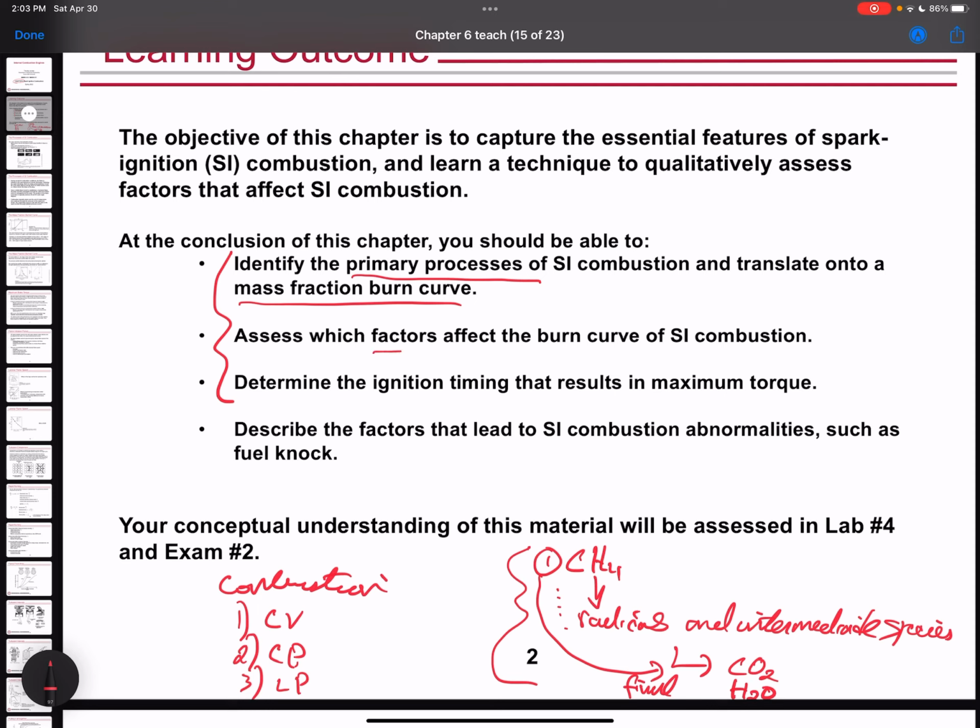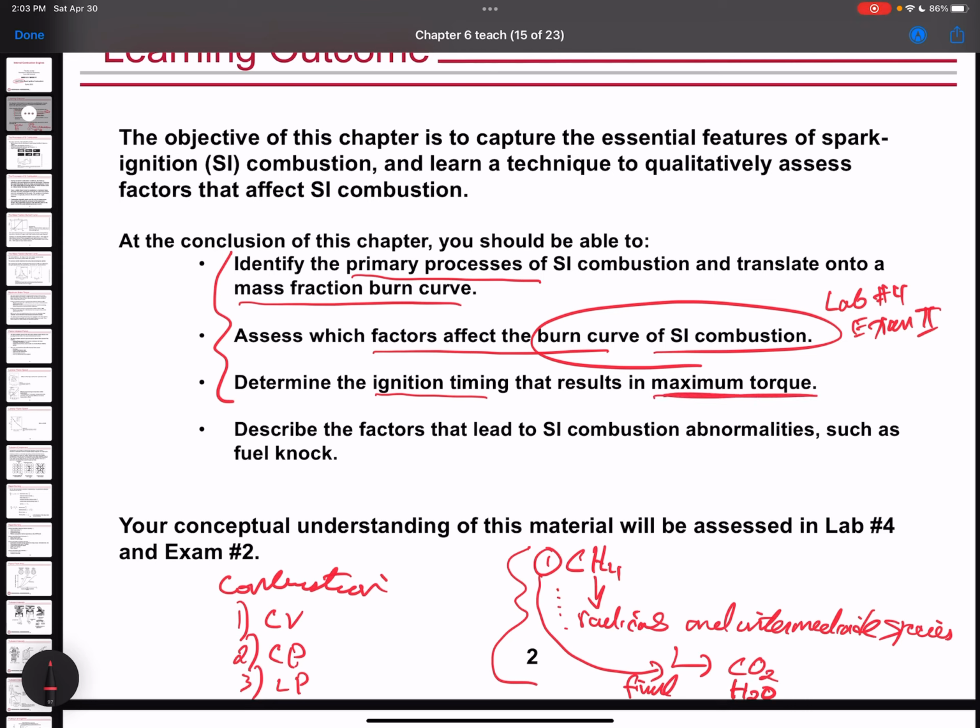We'll also describe the factors that affect that burn curve for SI combustion. And of course, this is a major part of what you'll be doing for lab number 4, as well as exam number 2. And then we'll also, in fact, even today's lecture, discuss how ignition timing or spark timing results in what we call maximum brake torque.